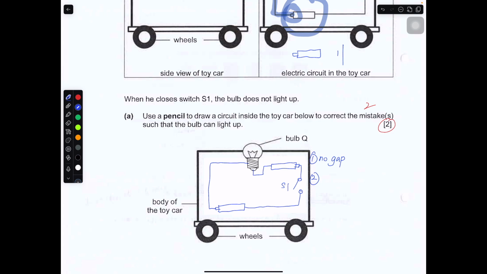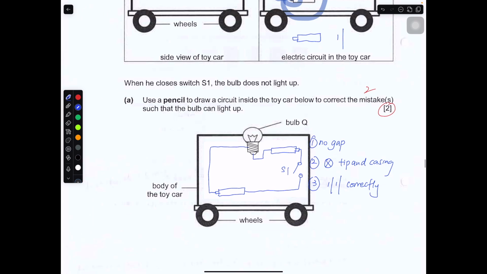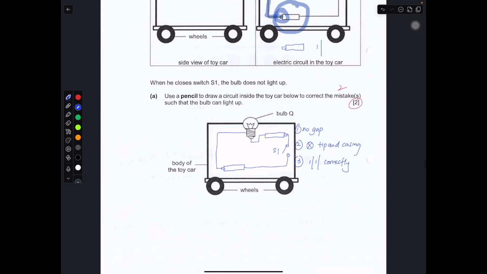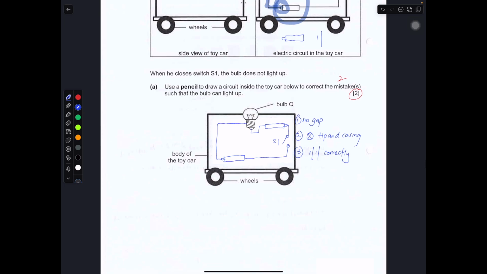Number 2, bulb connected between the tip and casing. Number 3, the batteries are connected correctly, that means positive to negative, positive to negative. Especially check this part and this part, to see whether they are correct. So that will be the main answer for part A.